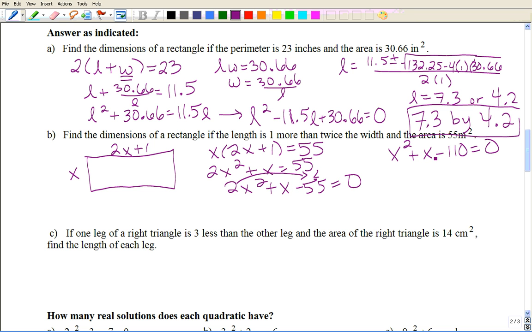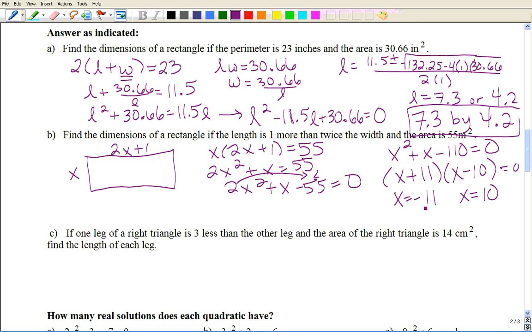Are there factors of negative 110 that add up to positive 1? Yes, there are. We have x plus 11 and x minus 10. 11 times negative 10 is negative 110, and 11 plus negative 10 is positive 1. So if I solve for x, I'll get x equals negative 11 and x equals 10.